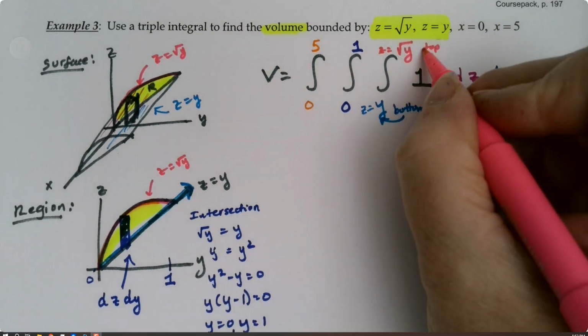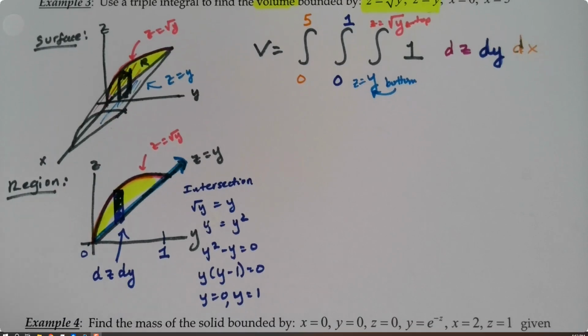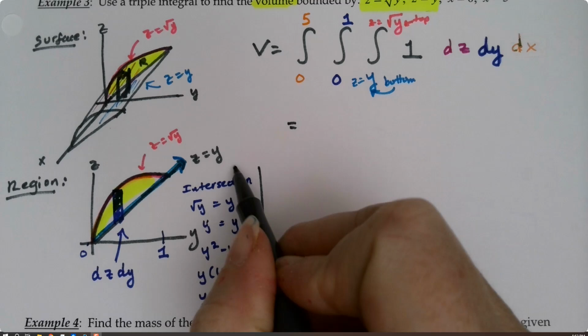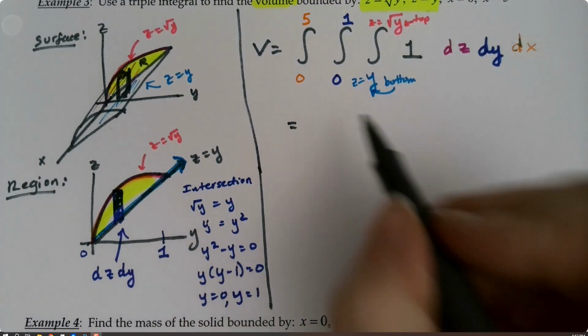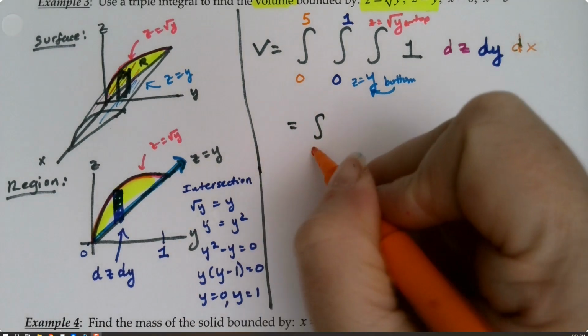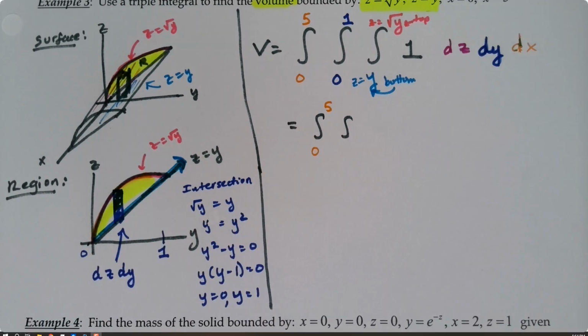Okay, so from there, we just integrate and we're all set. The setup is where all the real work is on one of these. All right, so volume equals, I'm just going to segment this off so we don't get confused. This was work on the side. All right, so the volume is equal to the integral from 0 to 5, and then the integral from 0 to 1.